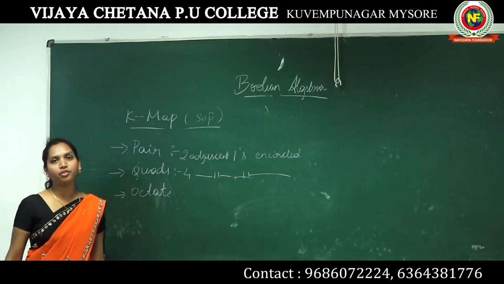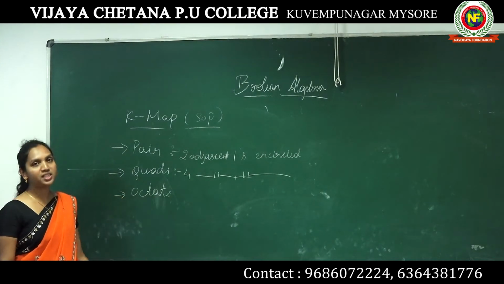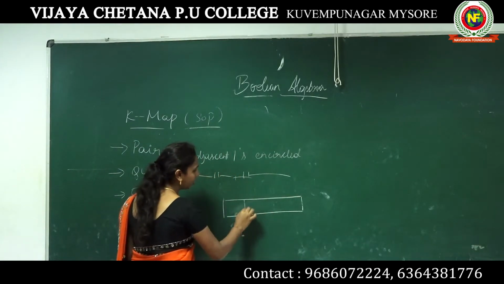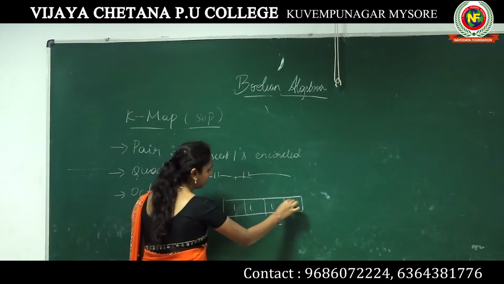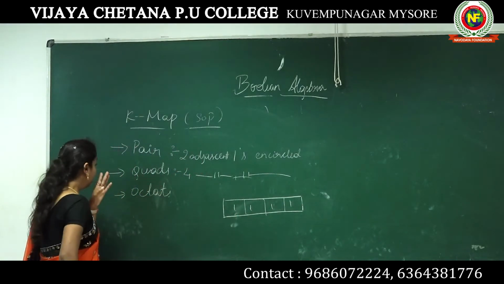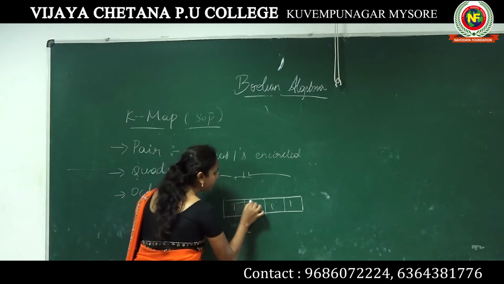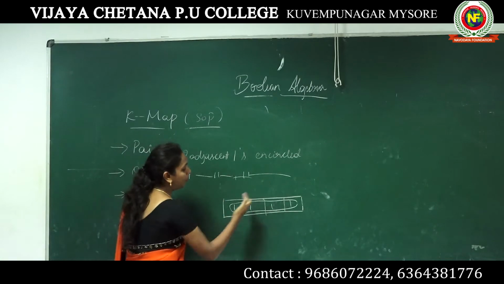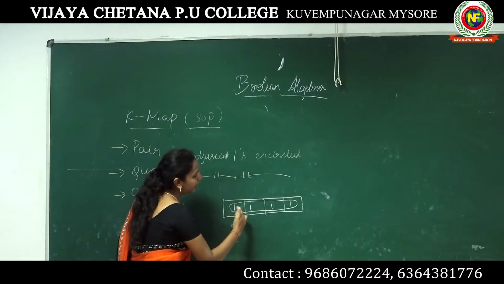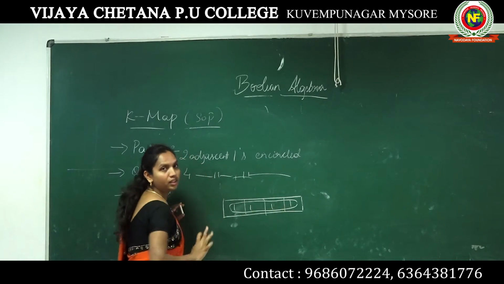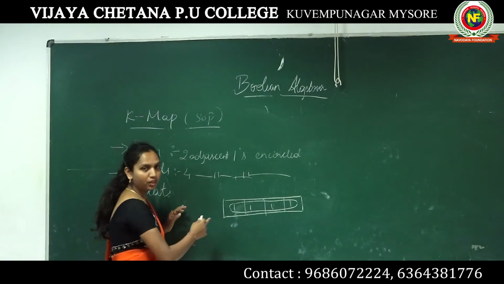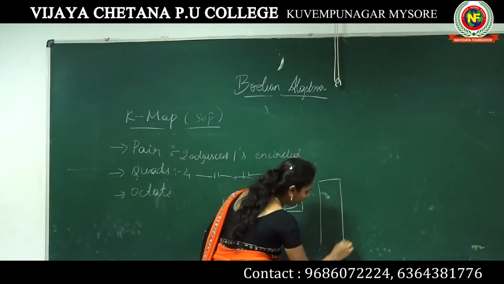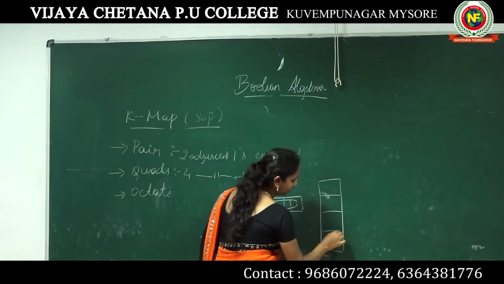Here 4 adjacent ones are encircled, that is called a quad. How are we representing it? If it is in a horizontal form, it looks like this. So you encircle these 4 ones. In the K-map these 4 ones are placed together, that is one quad. Again, in vertical form it is like this.